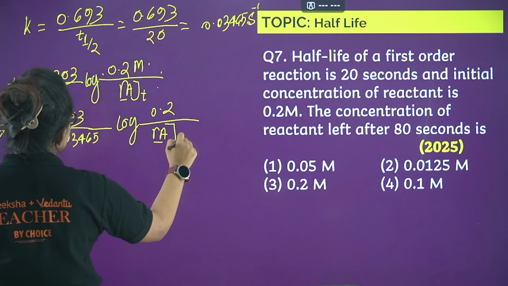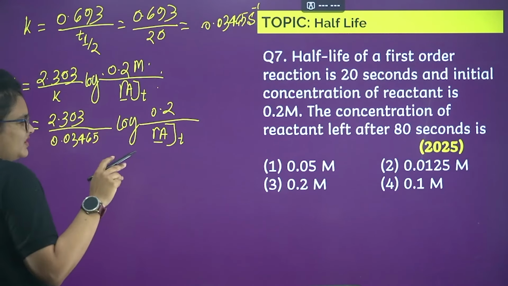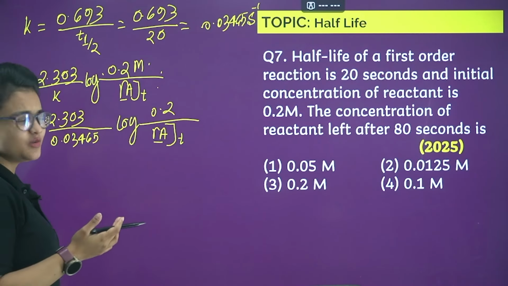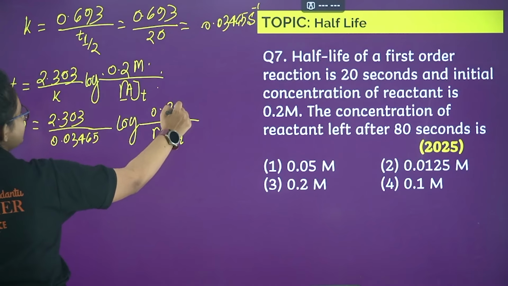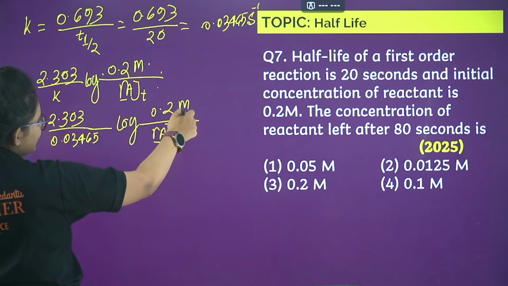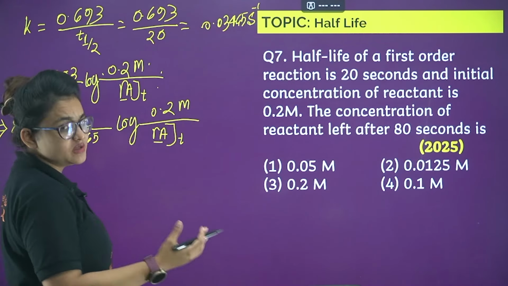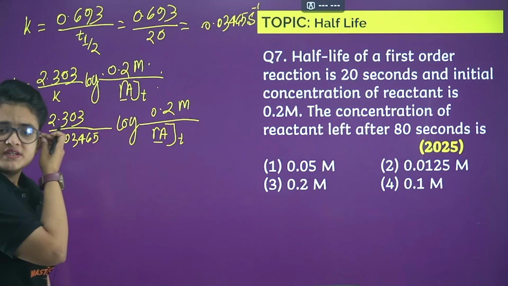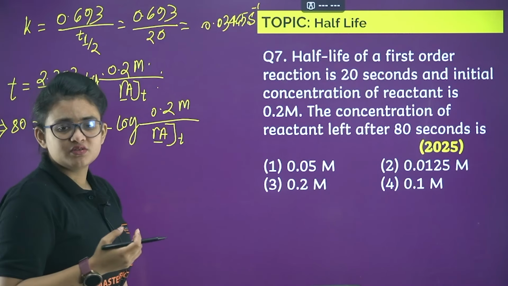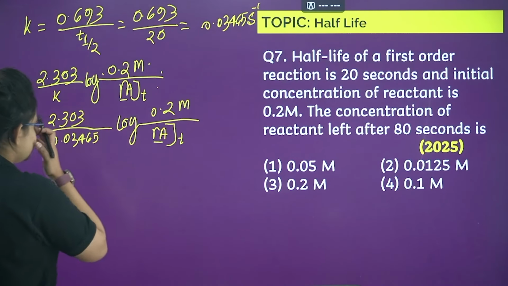By default I am not putting the unit over here so it will not look more complicated. You can definitely understand, if it is 0.2 molar, then definitely the denominator value also should be in molarity only. So whatever the concentration At comes, it will come in molarity. Fine.